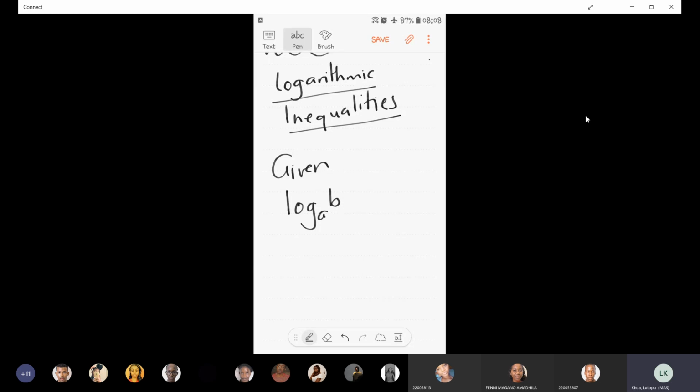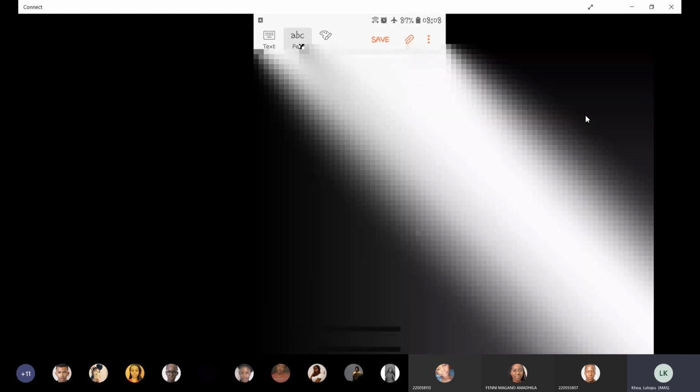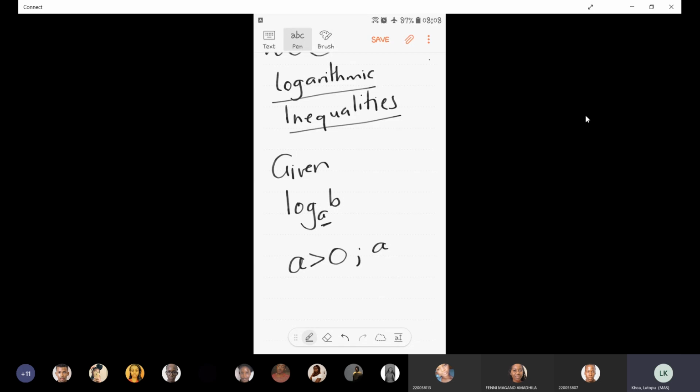It is not defined. Now the first thing is that our base over here must be positive. So a must be greater than 0. And we also know that a is not equal to 1. So if the base of the logarithm is 1, then your logarithm will not be defined.